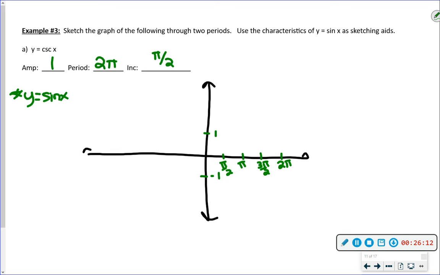Now, don't draw on like a bold sine curve. I'm going to draw it dashed because it's really not my answer. It's getting me to the answer. Now, positive 1, so we're going to have a hill and a valley. And I have some kids that will just do those points, they can see the hill and valley. But obviously for our first one, I'm going to dash it on so you can see them a little better.